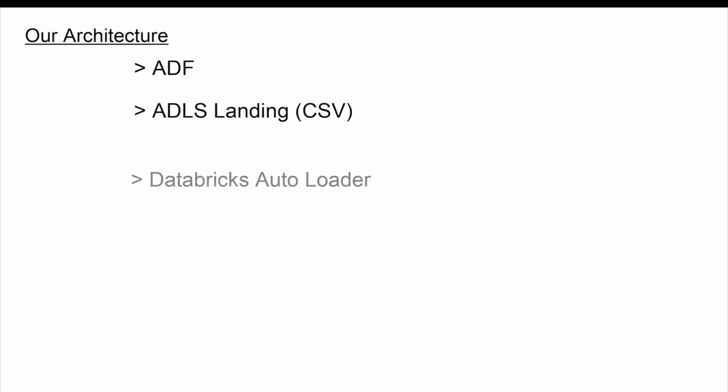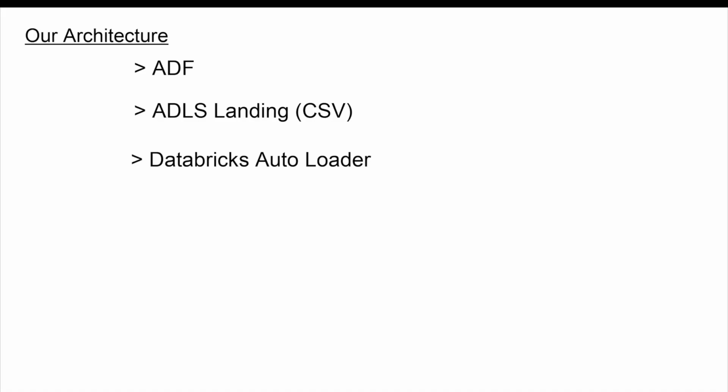Before we create our first DBT model, we'll try to understand our flow, what we have achieved so far. We extracted the data from the sources using ADF, and then we landed the data into ADLS Gen 2, and then we used Databricks Autoloader for incremental and full load.